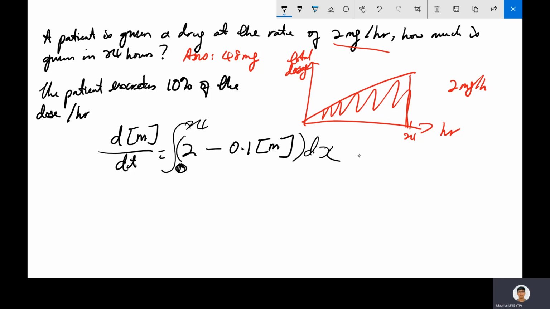Fundamentally, you can ask, how long does a patient need to be on steady state? That means the drug remains constant at the level. Then the amount that you give versus the amount that the person metabolized have to be the same. Otherwise, you're killing the person.